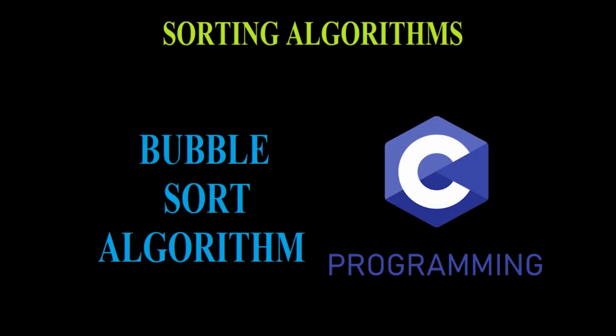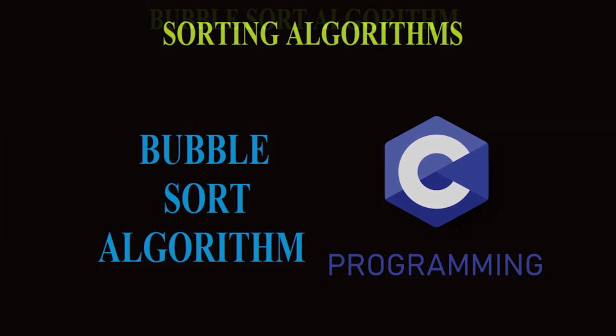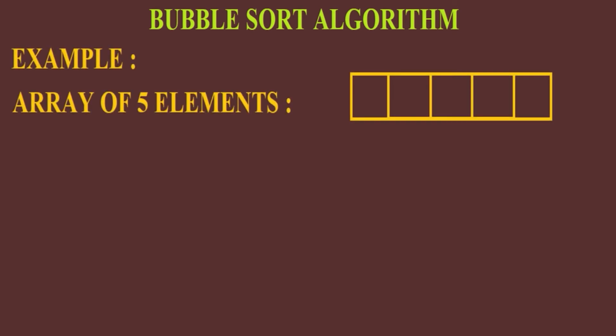First of all, we will try to understand about the logic associated with bubble sort, how to use it in our program, and then we will write a practical program and understand its implementation and execution. So let's get started. Let us look at an example. Consider an array of 5 elements.